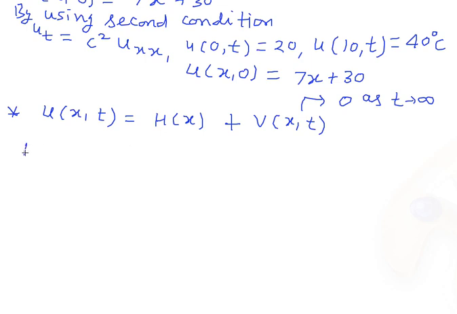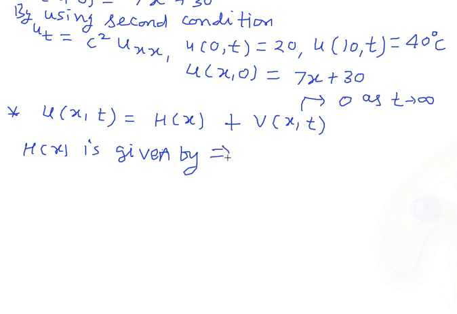So h(x) is given by this, because h(x) is the time independent solution. Time independent means when you differentiate h(x) with respect to t it will be 0.